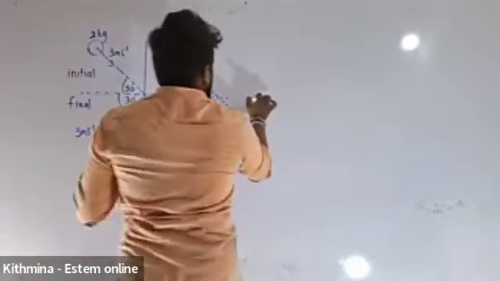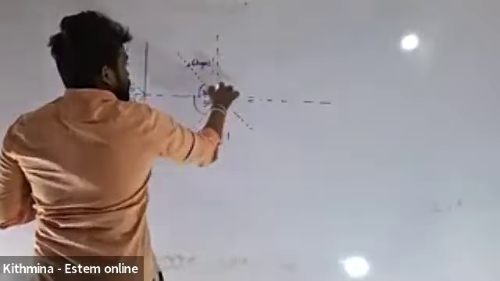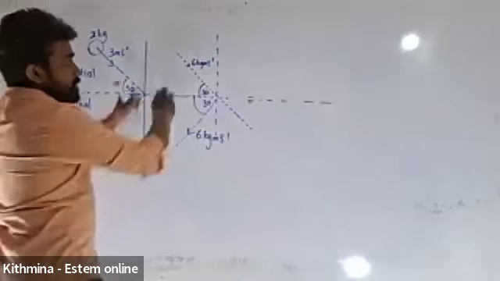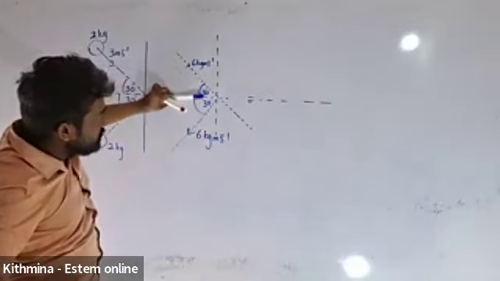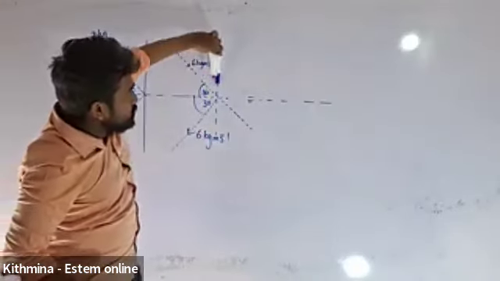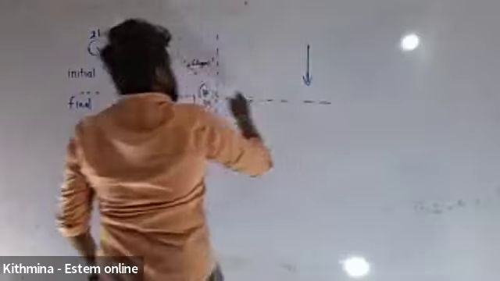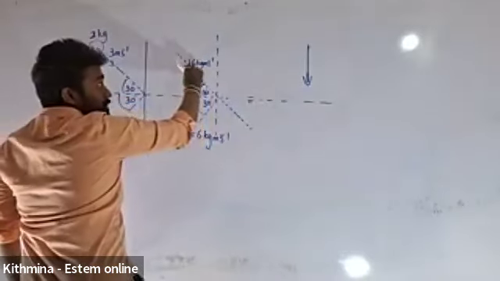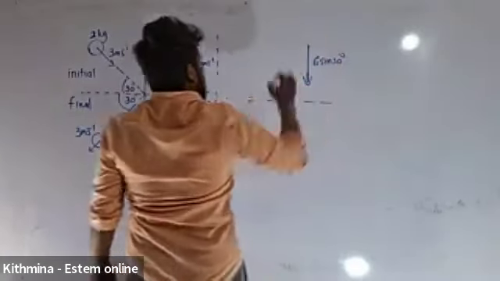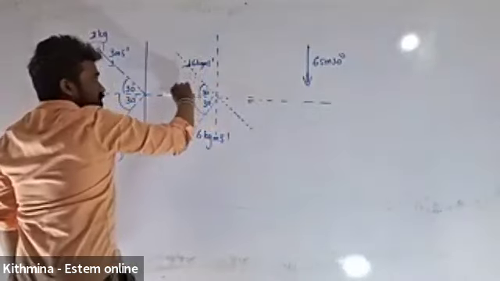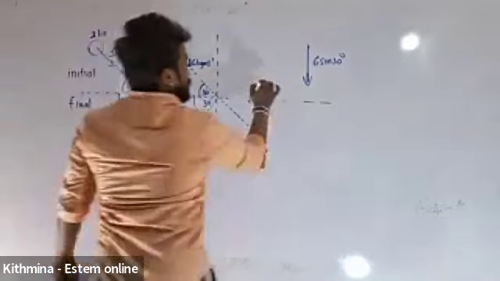Now we should resolve this. We can resolve this 6 kg m/s into this and this. In this direction it is 6 sin 30, and in this direction, 6 cos 30.